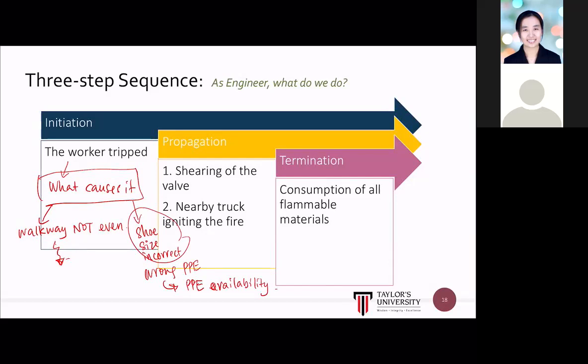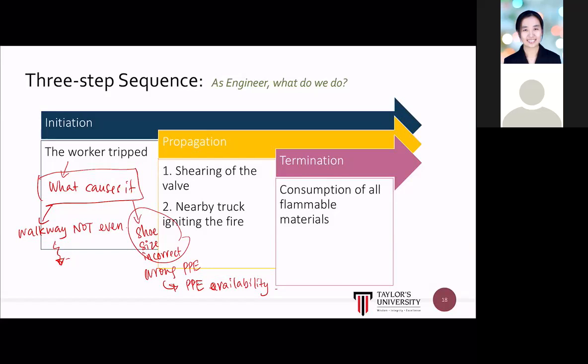With all this that we've done, there will still be people tripping. But what we can do is reduce the chances, reduce the risk of it happening, with the best that we can control.